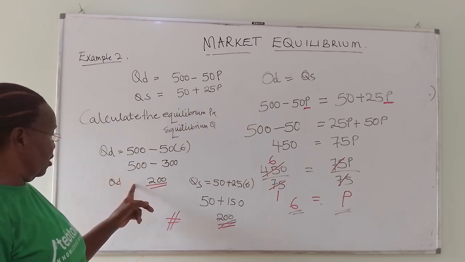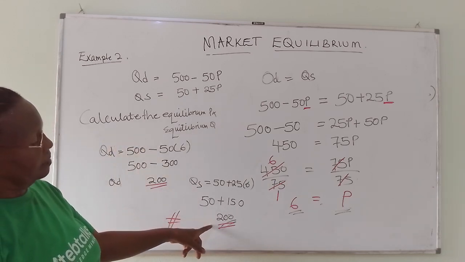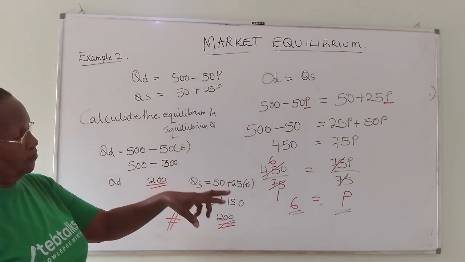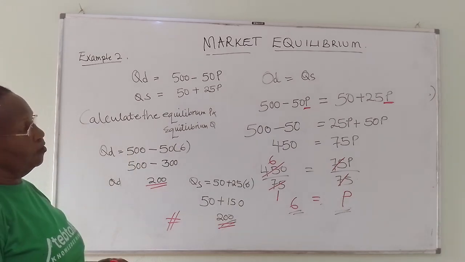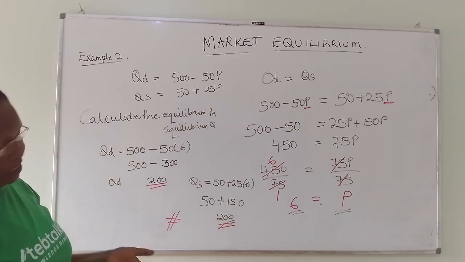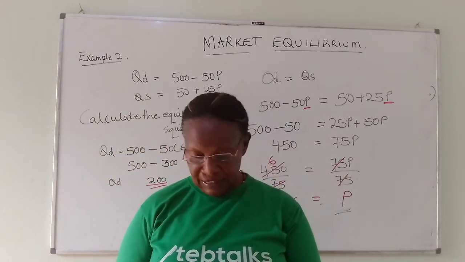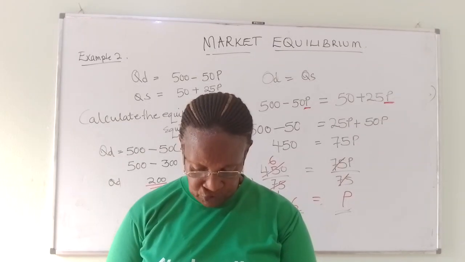Consumers are in need of 200 units, and suppliers have also supplied 200 units, and the price of 6 clears the market of that quantity, creating no shortages and no surpluses in the market whatsoever.